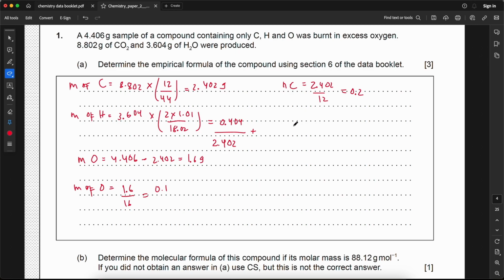And for hydrogen, that would be 0.404 divided by 1.01, that would be 0.4. And for oxygen, that would be 1.6 gram divided by 16, 0.1. So as you can see, this is 2, 4, and 1. Therefore, the empirical formula would be C2H4O.